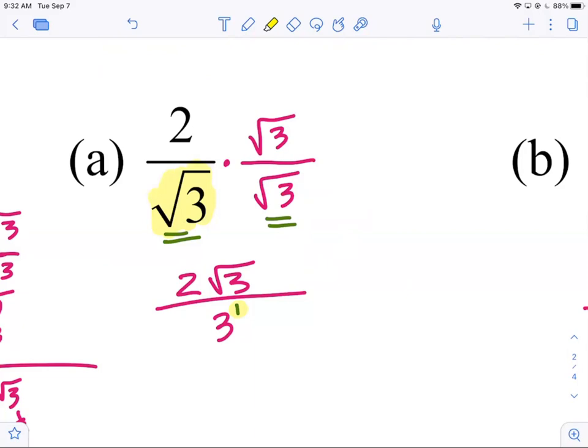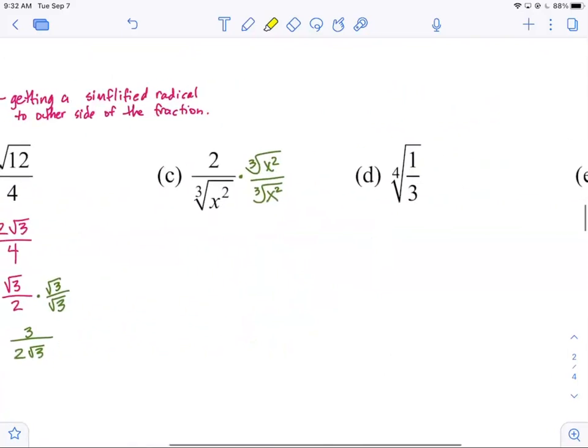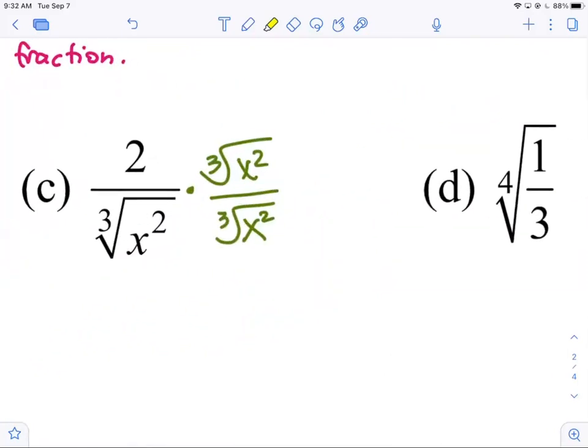State that again. To get rid of the radical means to get rid of the fractional exponent. So because this was 3 to the 1/2, multiplying by a 3 to the 1/2 again worked because a half plus a half is a whole, right? So over here, I don't really multiply by the cube root of x squared over the cube root of x squared because that's not going to make it whole.